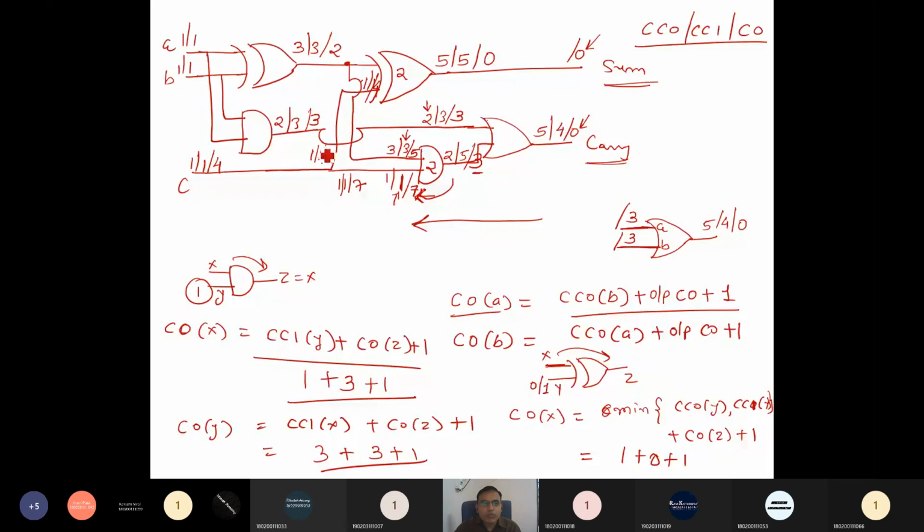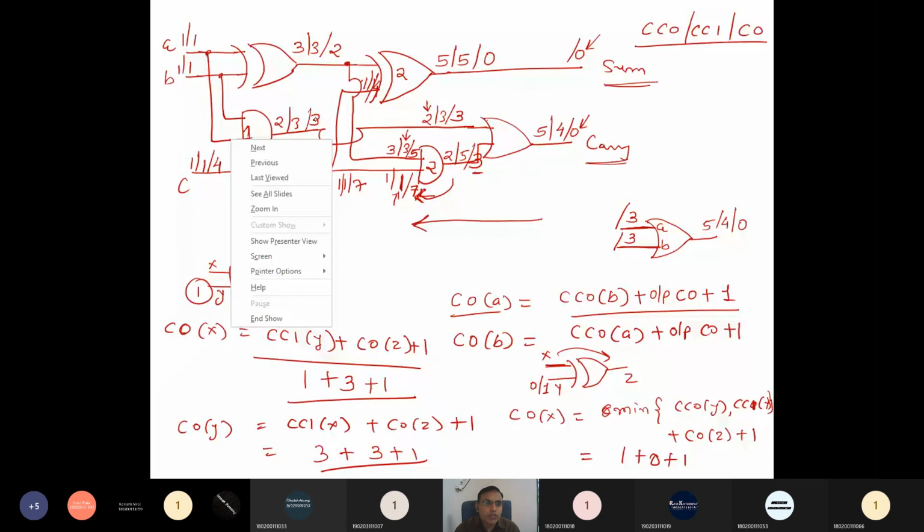Now let me calculate for the first AND gate. So if you want to set this line, right? What is the observability of this line? It is the output observability plus the controllability of the other line plus 1.